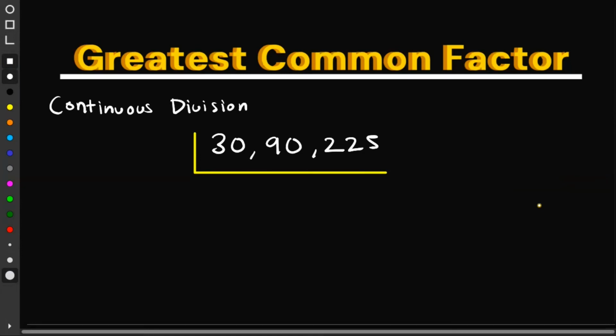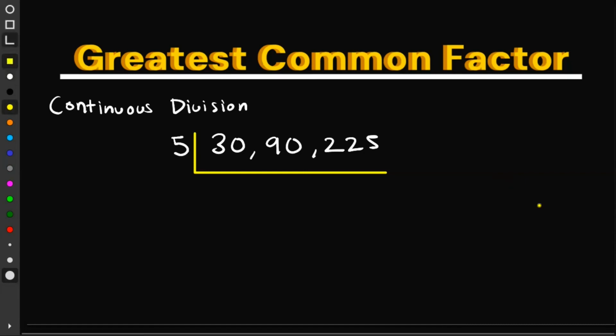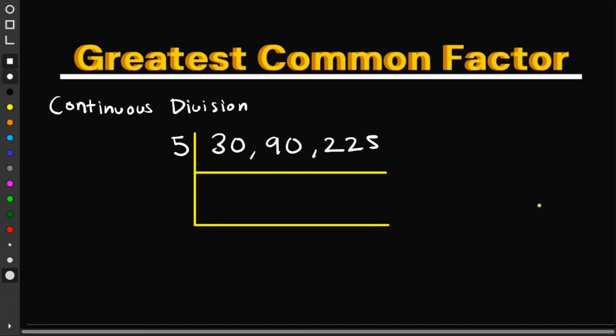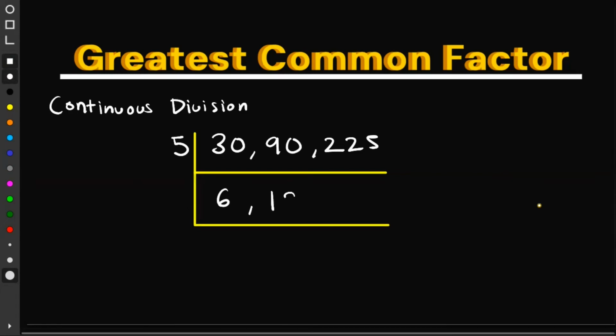Clearly, 5 is a factor of all of them, since all these numbers end in 0 or 5. So let's put out 5 here. This would give us 6, 90 divided by 5 would give us 18, and 225 divided by 5 is actually 45.